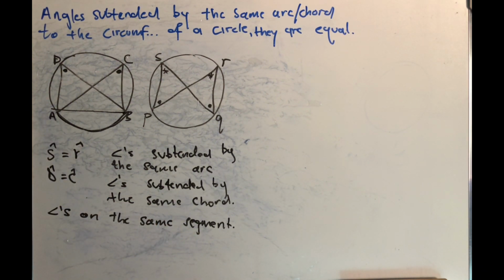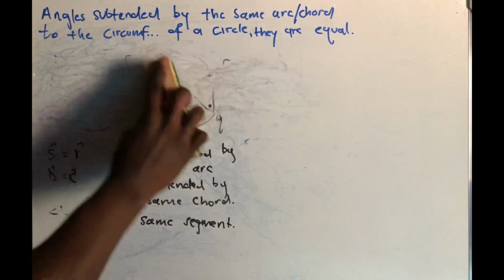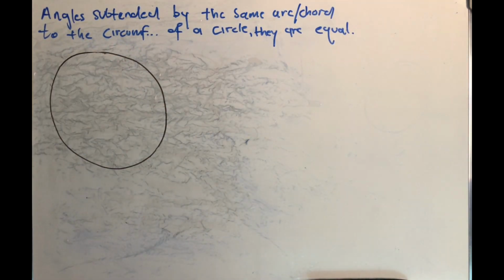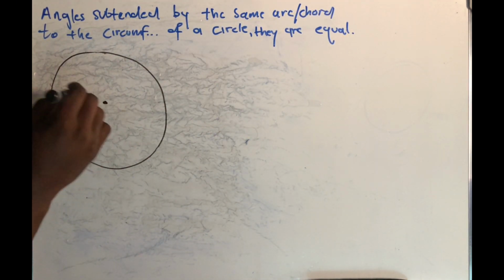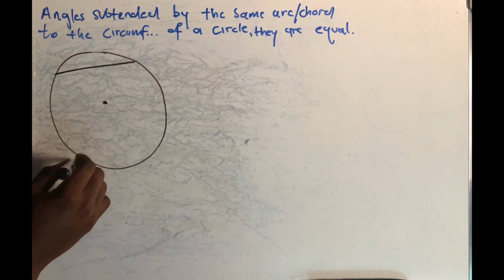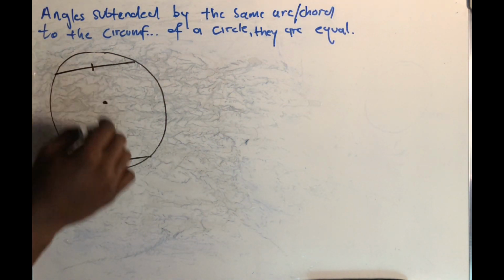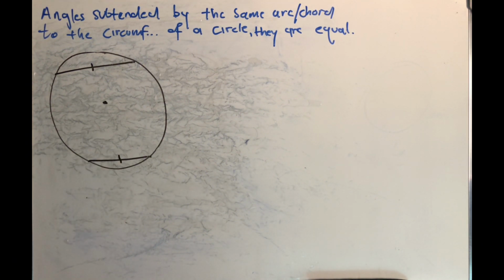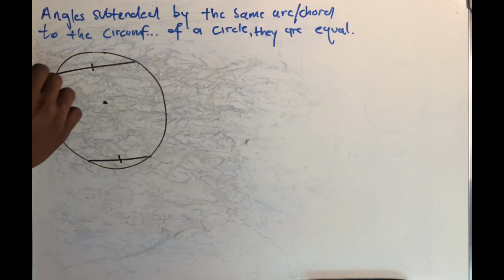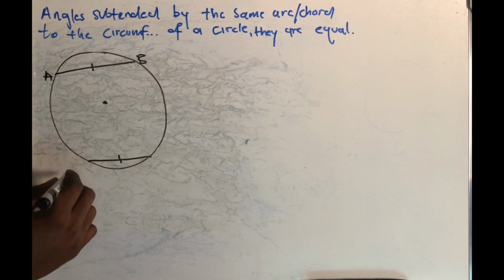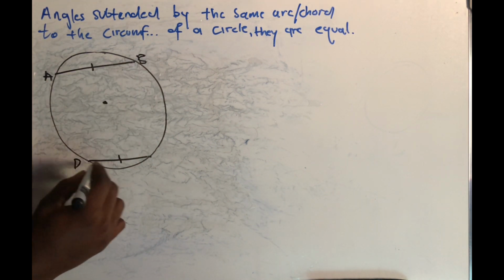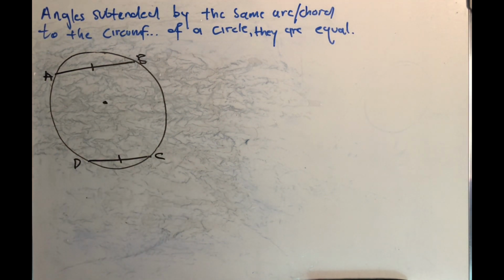Okay, let's take for an example a theorem that states: assume these are two equal chords, chord AB equals chord DC. Assume they are equal.